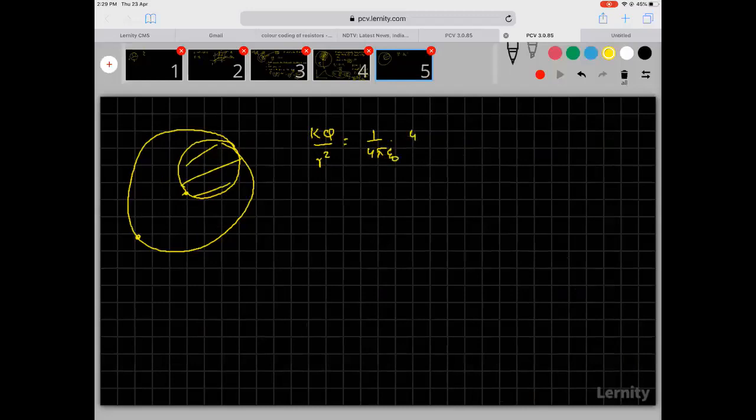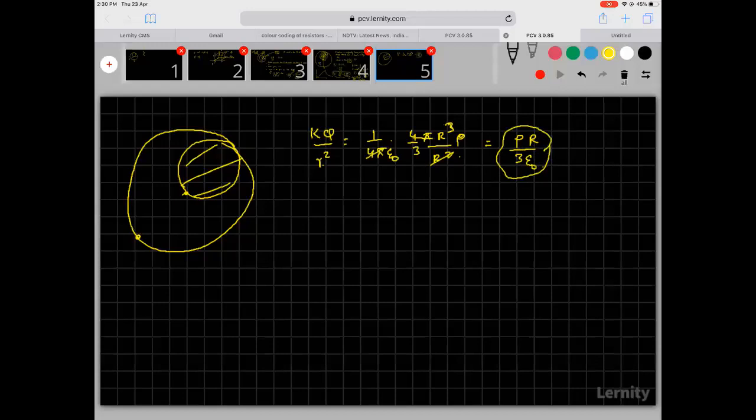Q is 4 by 3 pi r cubed by r squared. So this 4 pi would have got cancelled. R squared would have got cancelled, and it would become rho r by 3 epsilon naught.